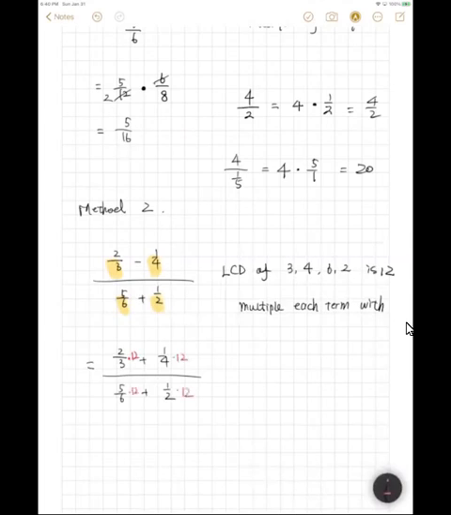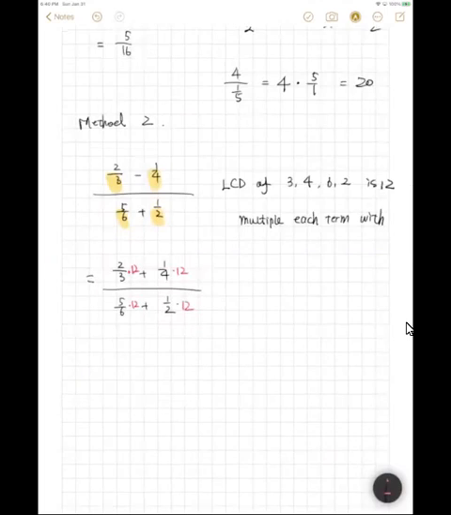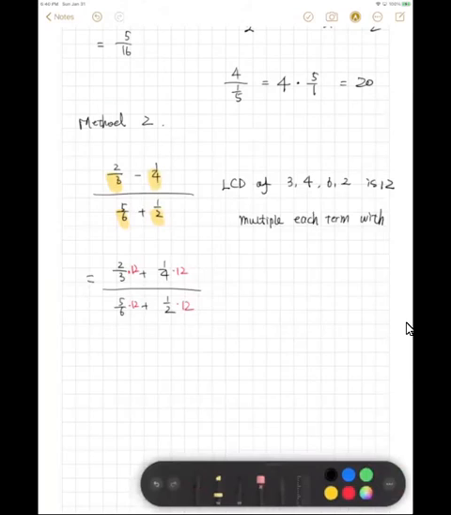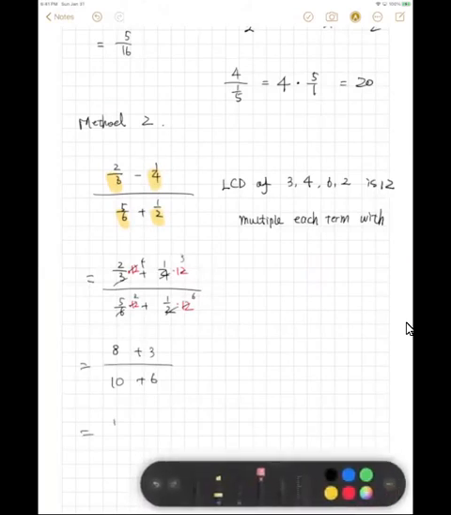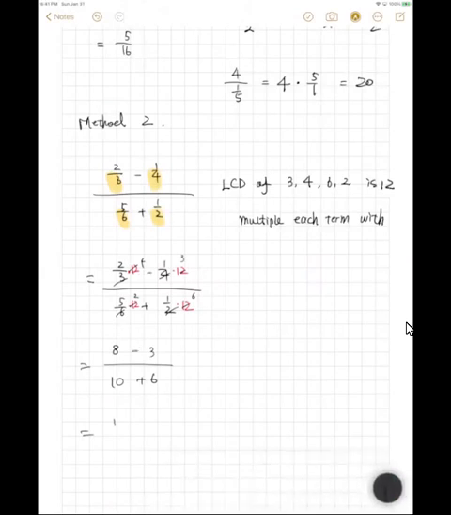Remember, since this has 4 terms, we need to multiply by 12 four times. So now we can simplify. This is 4. We have 8 plus 3 all over 10 at 6. So I have 11. Oh, subtract, I'm sorry. This is subtract. So I have 1 over 16.